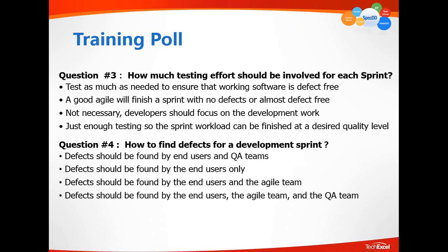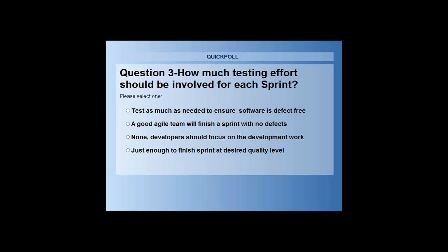Okay, for question number 3 and number 4, I just want to do them without spending too much time explaining. Question number 3: how much testing effort should be involved for each sprint? We should test as much as needed to ensure the working software is defect-free.